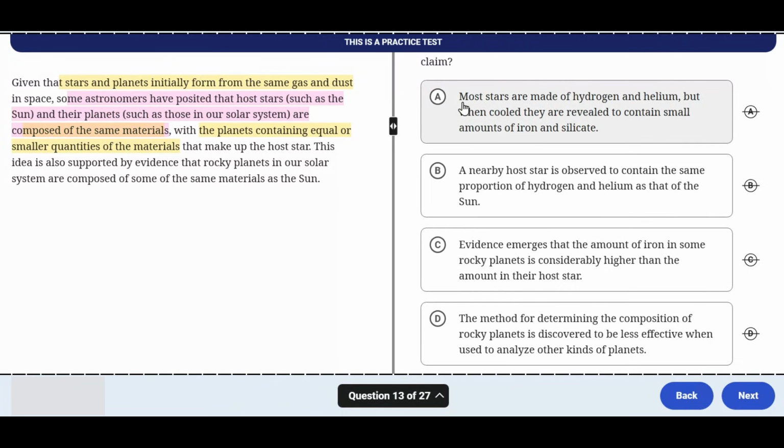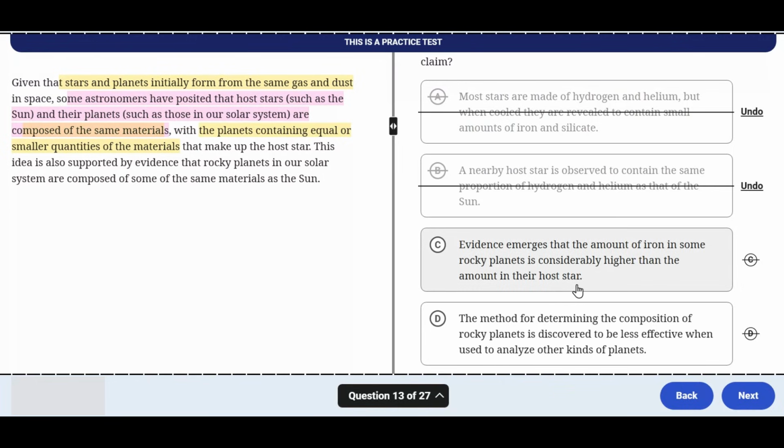A. Most stars are made up of hydrogen and helium, but when cooled, they're revealed to contain small amounts of iron and silicate. Can't be that one because it doesn't talk about planets at all. B. A nearby host star is observed to contain the same proportion of hydrogen and helium as that of the Sun. This is talking about two stars here, no planets. So take that out.